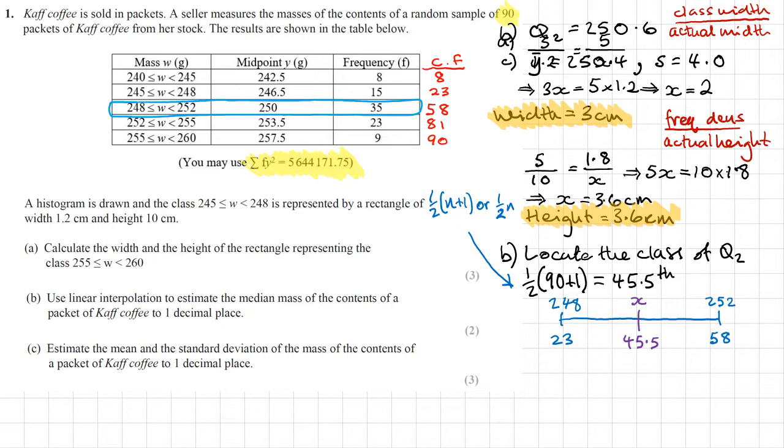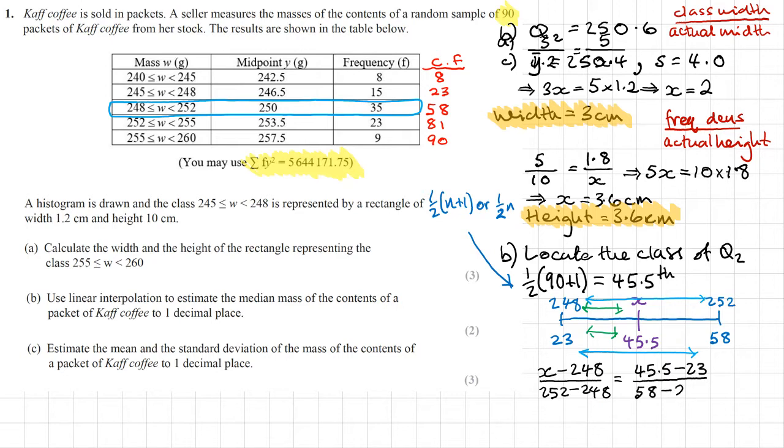So I'm going to do this width here divided by this width here all the way across there. If I do that, I will get x minus 248 over 252 minus 248 is equal to, and I'll do the corresponding bits at the bottom, 45.5 minus 23 divided by 58 minus 23.